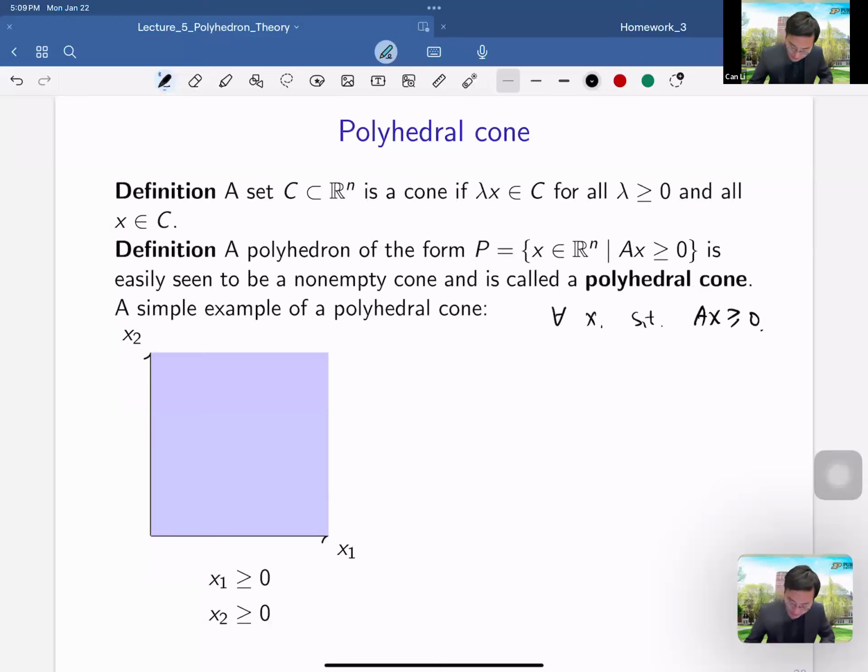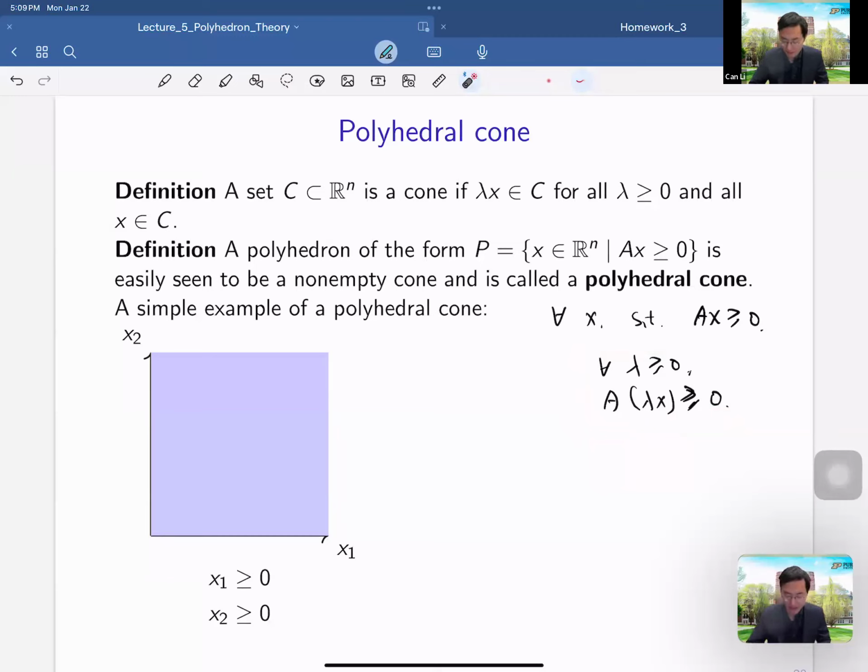Then you can easily see that for all lambda greater than or equal to 0, lambda x also satisfies this inequality constraint, because lambda is a non-negative number. If you multiply x by lambda, this inequality still holds. So that satisfies the definition of being a cone.